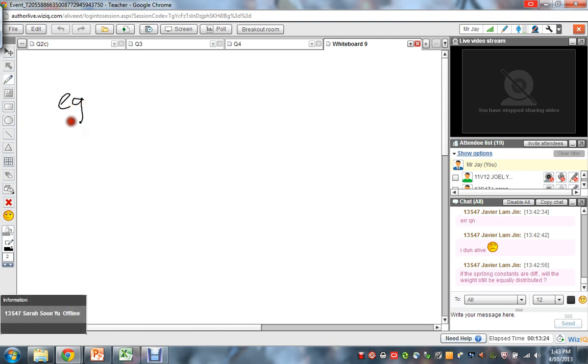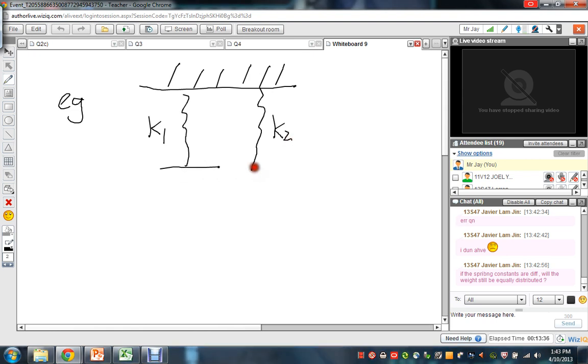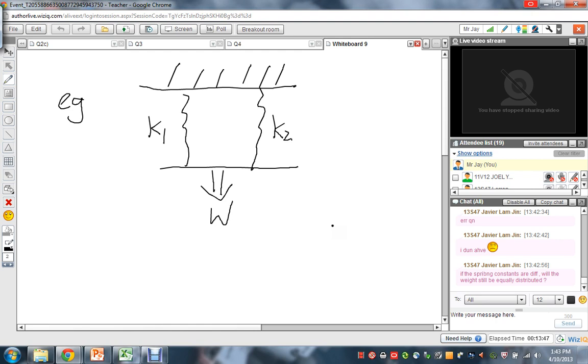Let's take an example where I have two springs. This one has spring constant K1 and this one has spring constant K2, and the weight is W. Intuitively, some of you may think that because there are two springs, even though they have different spring constants, maybe the force is still equally distributed to the two of them.